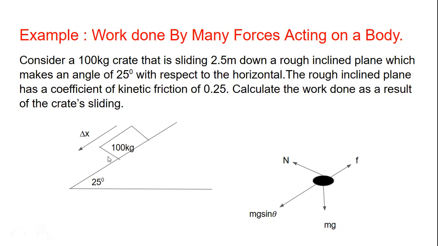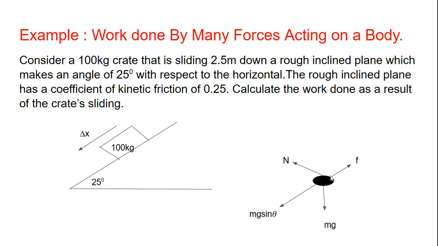So here we have our diagram where we have this 100 kg crate sliding down on this incline that makes 25 degrees with respect to the normal. And I also have a free body diagram where you have the weight of the crate acting vertically downwards. If you resolve the weight into perpendicular and parallel components, you'll find that the parallel component is responsible for the sliding.